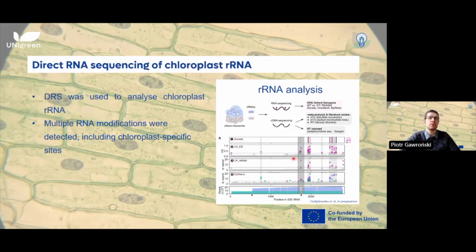Again, it's not surprising because of the bacterial origin of the chloroplast in plants. However, we also identified a chloroplast-specific modification, only a single modification in the 23S rRNA. Taken together, these results show that nanopore sequencing can be used to analyze RNA modification in chloroplast, and hopefully we'll try to implement this method to analyze the transfer RNA modifications.